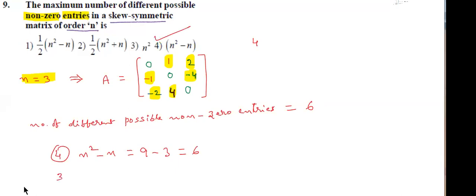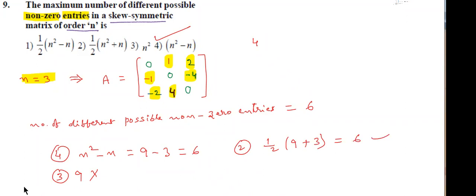But see the third option, we are getting 9. N square is there. N is equal to 3. 9. It is wrong. Second option, half n square plus n. This is 9 plus 3, 12. 12 by 2, this is 6. Here also satisfied.